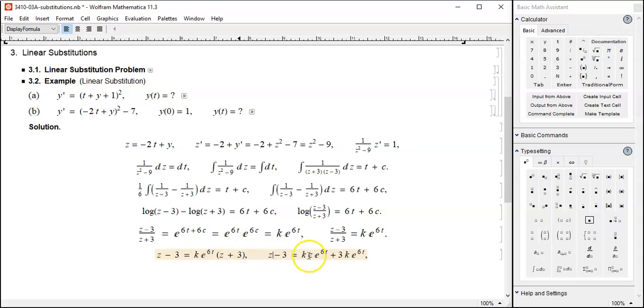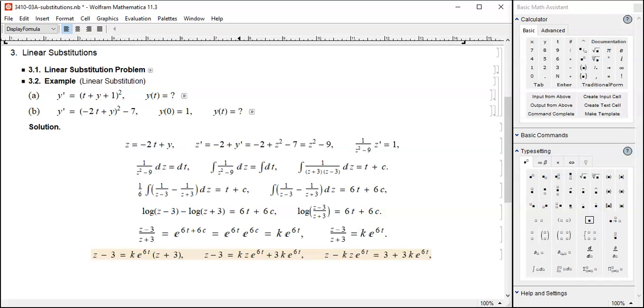Now I have z here and then another z term there, so get both of them together. z minus kz e to the 6t on one side, and then this 3 flip it over to the other side, so positive 3 plus 3k exponential of 6t.